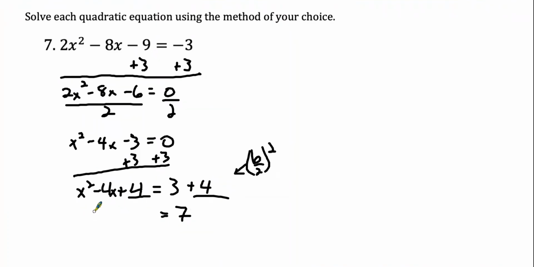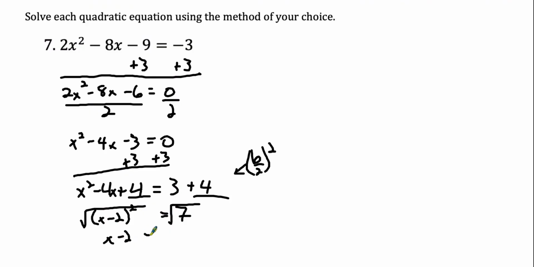On the left side, we've created a perfect square trinomial. So this will factor into x, and then this value here is always just b divided by 2. So negative 4 divided by 2 is negative 2. From here, I can take the square root of both sides.